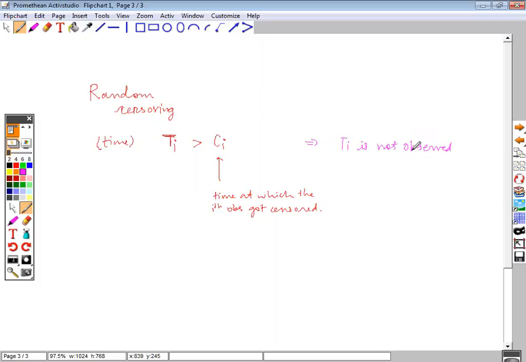After that, I have no idea. So the only thing I know about this particular life is that Ti is greater than Ci. That's all you can know. Again, these are just two denotations that I'm going to use. So again, here in case of random censoring, this is what we have.